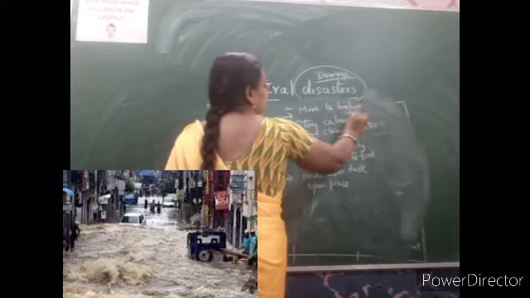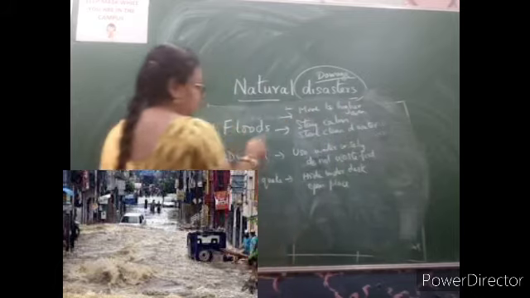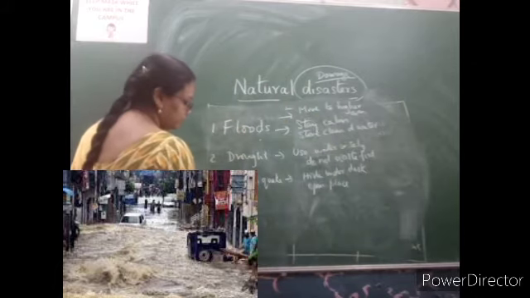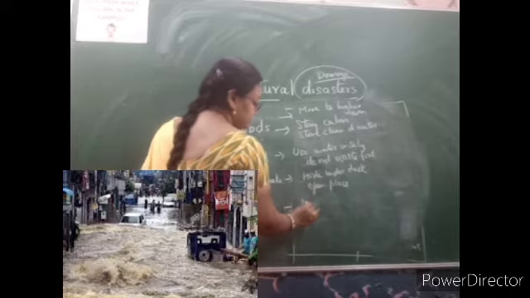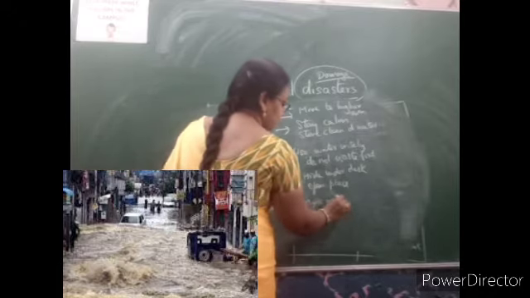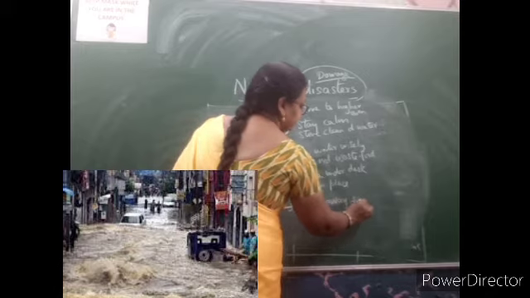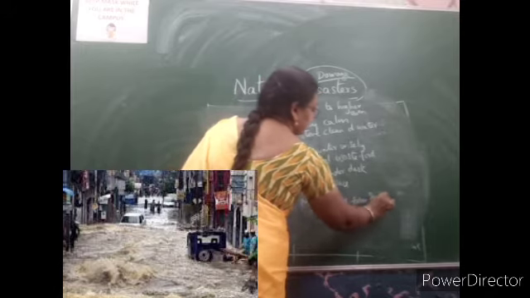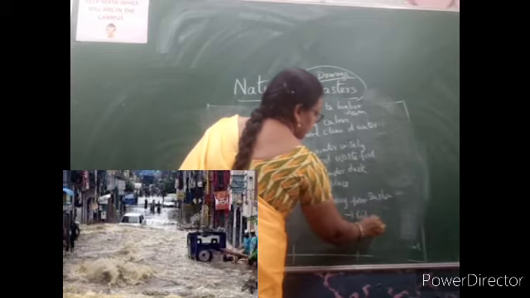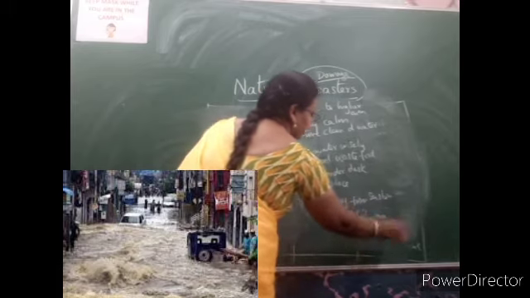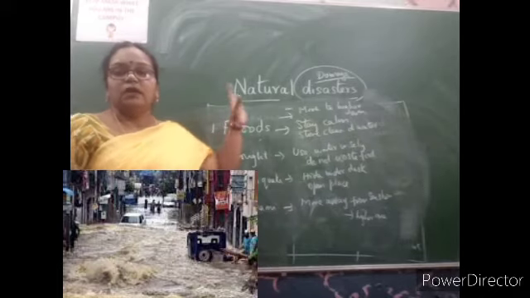When you go to higher areas, you will not be affected by the flood water. For a tsunami also, move to higher places. Move away from the seashore and to higher areas. If higher areas are nearby, you can move there and stay until all this comes to an end.